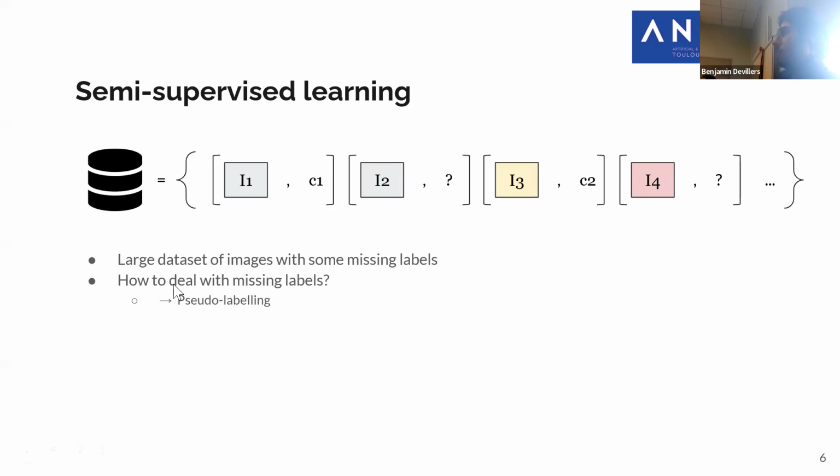The method we're going to use is called pseudo labeling. What the pseudo labeling process does is that we're going to try to infer or predict. So first we learn only with the ones that have categories, because then we can go back to the method that we saw last time. And then with the model that we get, we can try to predict the missing categories by just evaluating the model on these images.